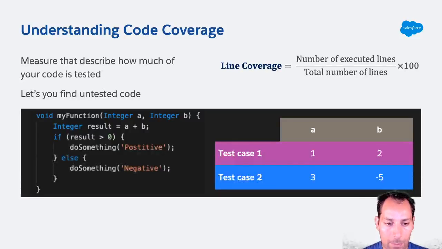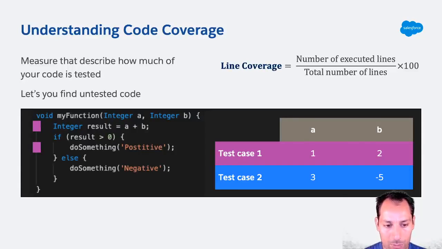So let's take an example. Here I've written a very simple function. This is nothing, of course, that you would really have in production, but what is interesting here is to see how with two different tests we can reach 100% code coverage. So for now, in the current state, without running the test cases, we have 0% code coverage. If we execute test 1 with value a equals 1 and b equals 2, we'll cover half of the lines.